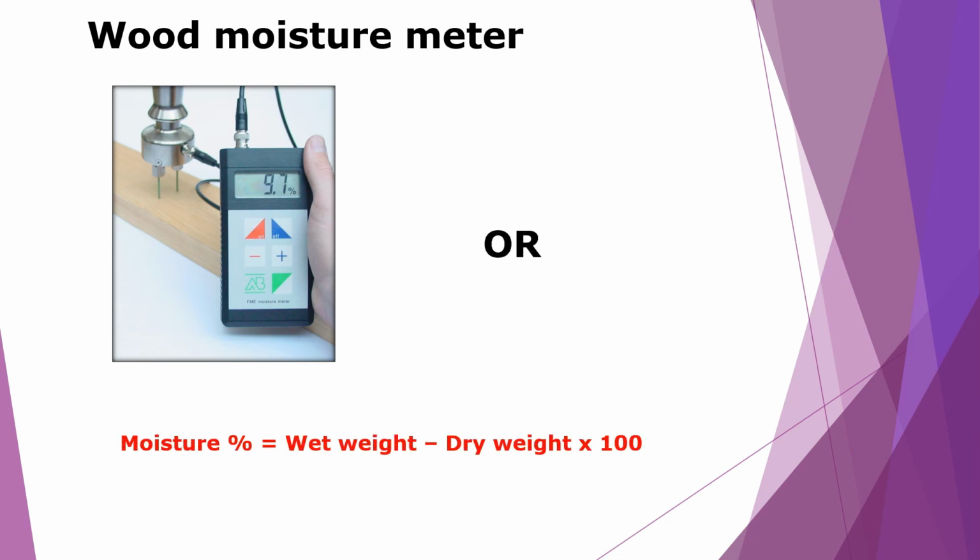But you don't always have access to equipment like that. So there's another method that you can use where you can measure moisture content manually. So you use the following formula, which is the difference between wet weight and dry weight, multiplied by 100, and that also tells you the moisture content in percentage in your timber.